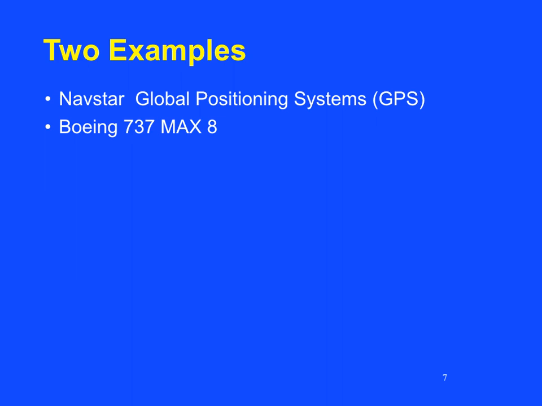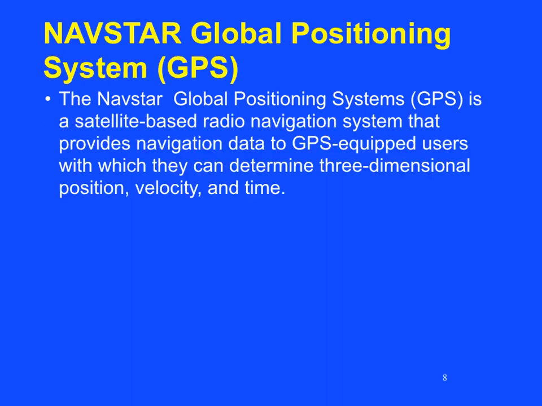This criteria for strict and close examination spans completeness, correctness, style, and rules of construction. The Navstar Global Positioning System, GPS, is a satellite-based radio navigation system that provides navigation data to GPS-equipped users with which they can determine their three-dimensional position, velocity, and time.